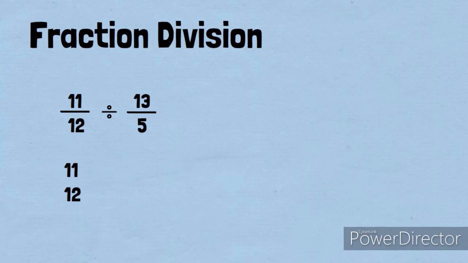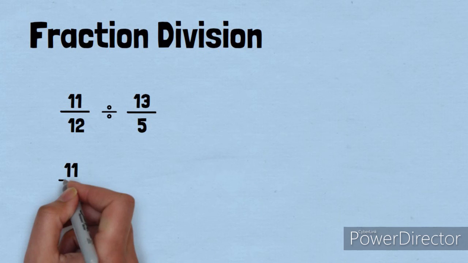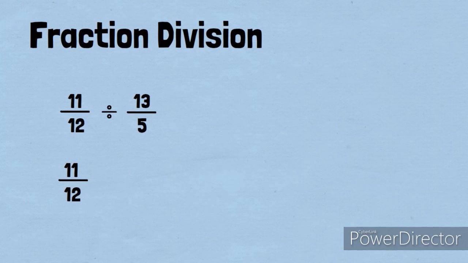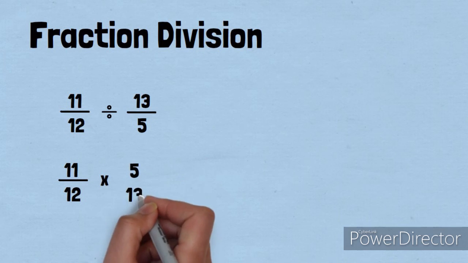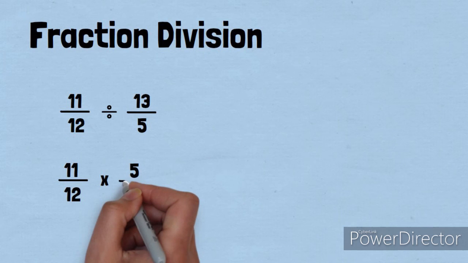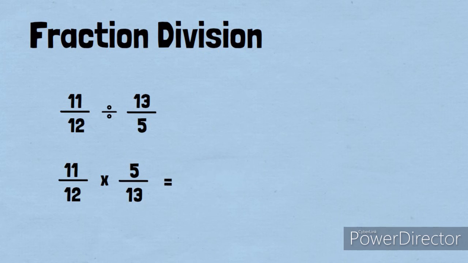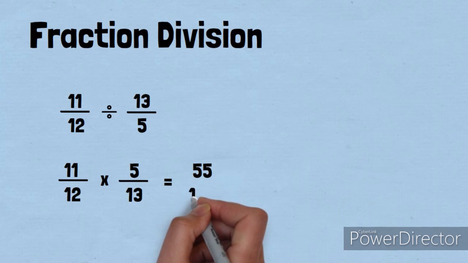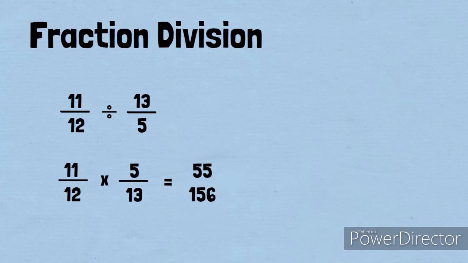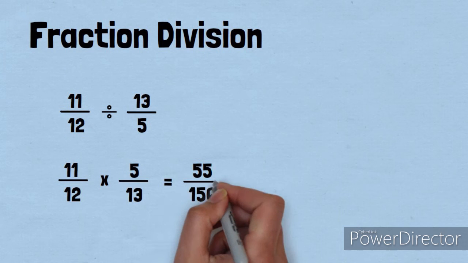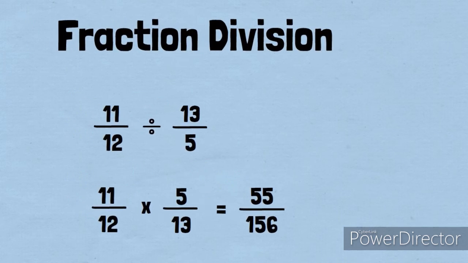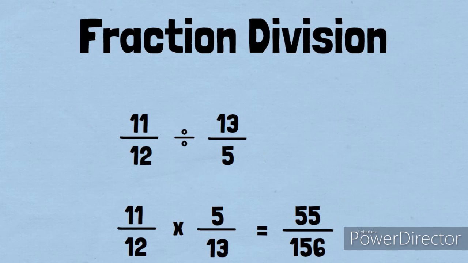So now we have to multiply 11/12 times the reciprocal of 13/5. The reciprocal of 13/5 is 5/13. Now we can multiply. 11 times 5 is 55. And 12 times 13 is 156. So 11/12 divided by 13/5 is 55/156.